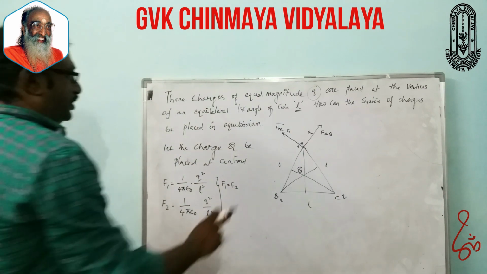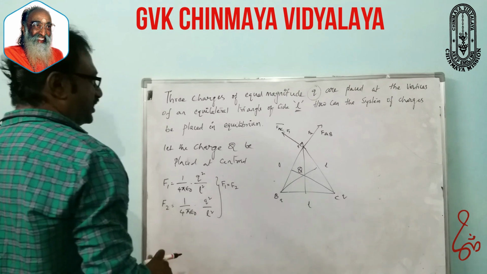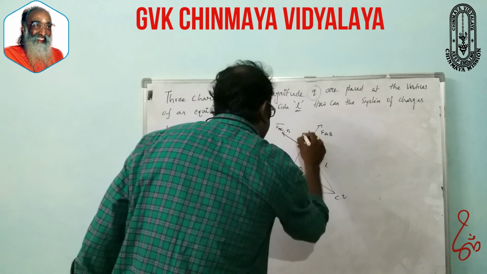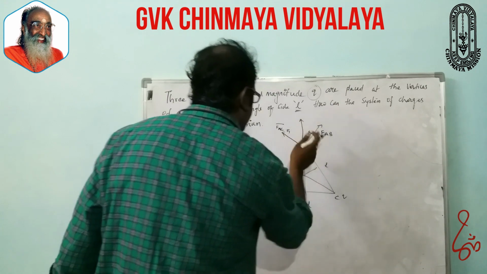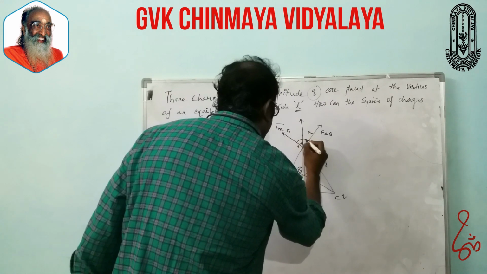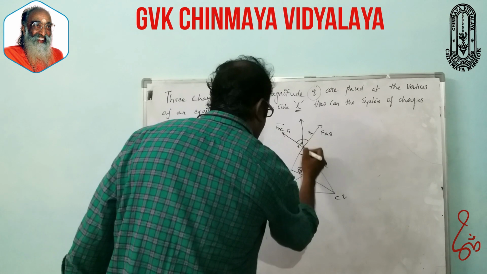Now because of F1 and F2, the resultant will be in between, because these two are equal in magnitude. We know the angle between F1 and F2 is equal to this angle here, because these two are opposite.